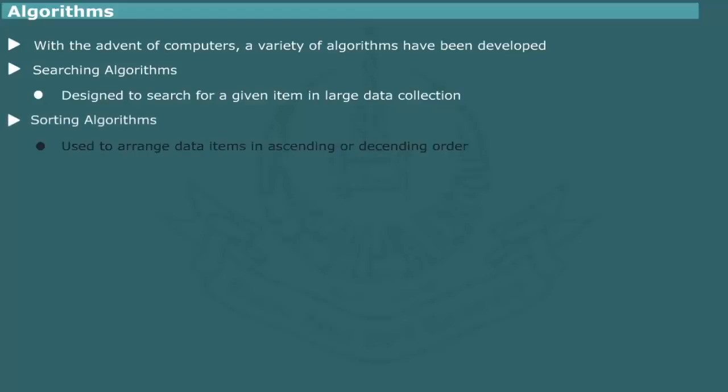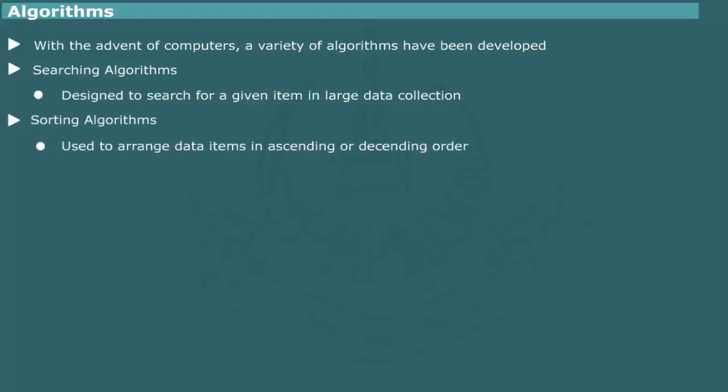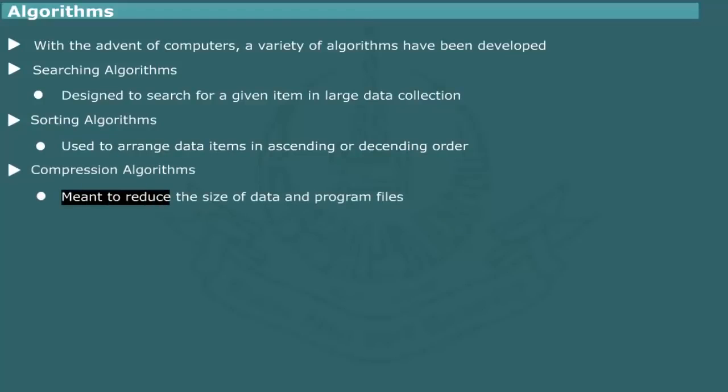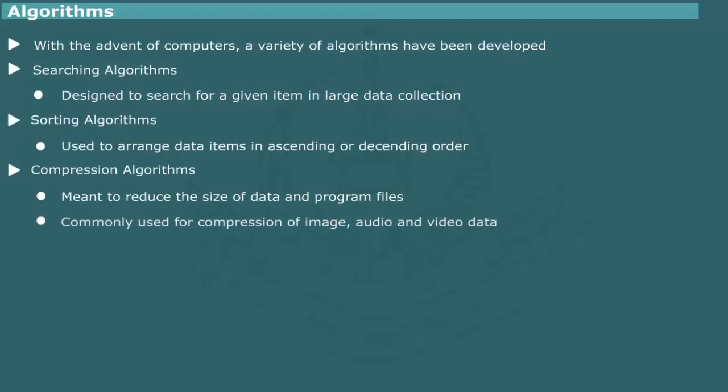Sorting algorithms are commonly used in computer applications to arrange data items according to user-specified criteria. Compression algorithms are meant to reduce the size of data and program files for their efficient exchange over networks. These are also used for compression of image, audio, and video data.